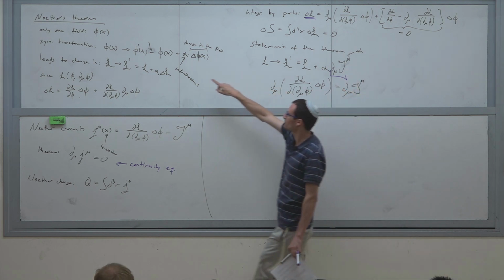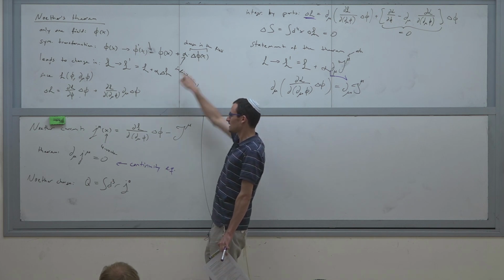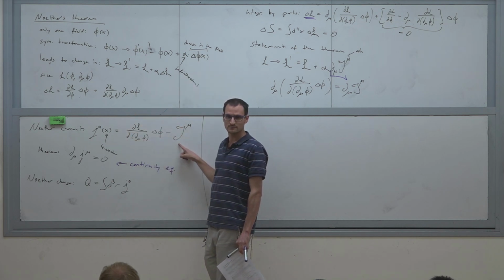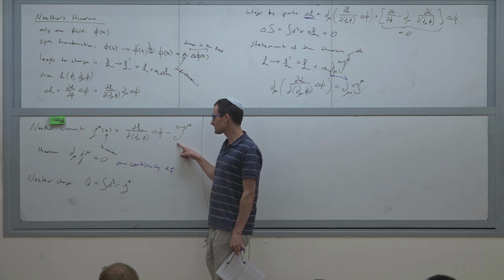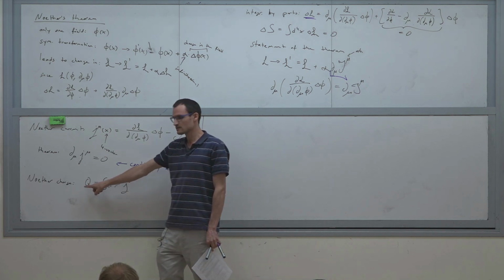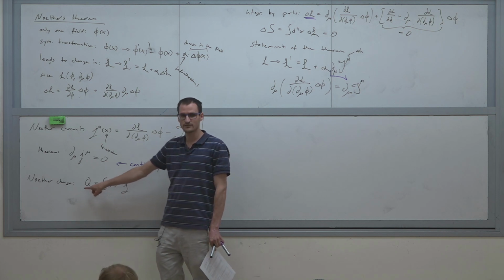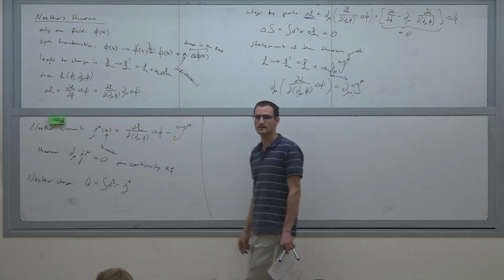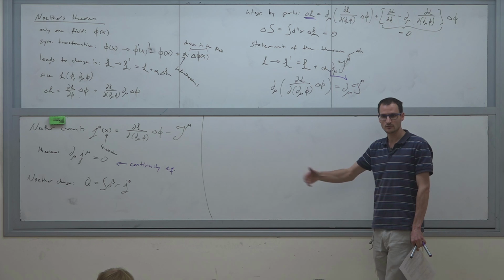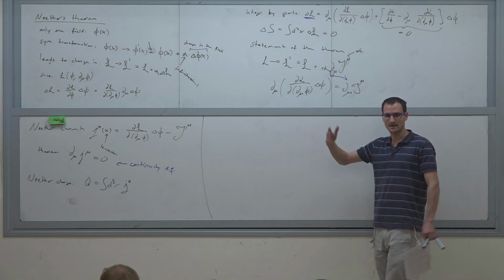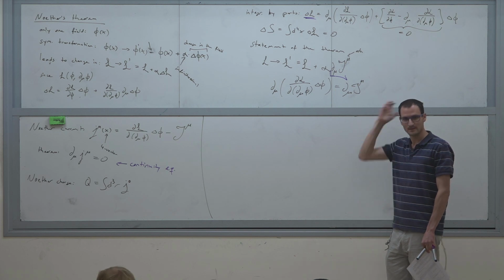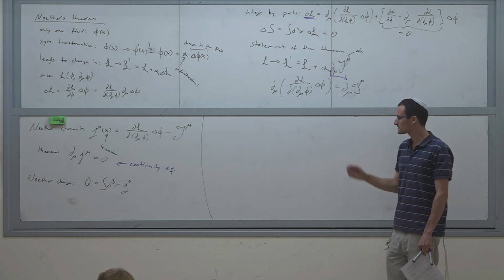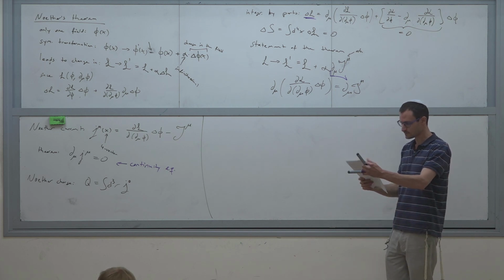You find how the fields change, delta phi, and plug into this equation. Now you found the Noether current, and if you integrate the 0th component over all the volume, you find the charge that is conserved. Could be energy, could be momentum, could be isospin and all the weird nuclear stuff. This is how these things are derived.